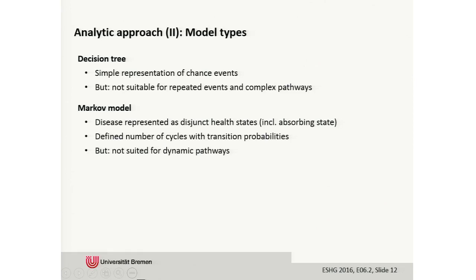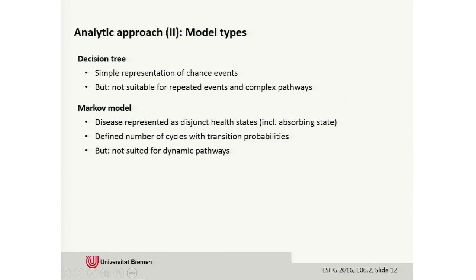So for example, if we model cancer, we have a state where you're healthy, then you may develop cancer stage 1, cancer stage 2, cancer stage 3, maybe cancer stage 4, and then there's an absorbing health state, which is death, unfortunately, in our life.